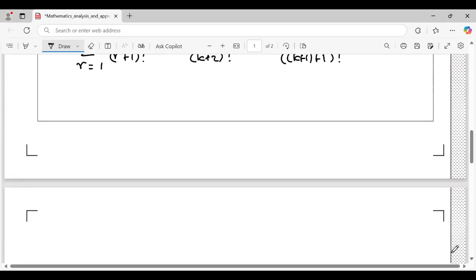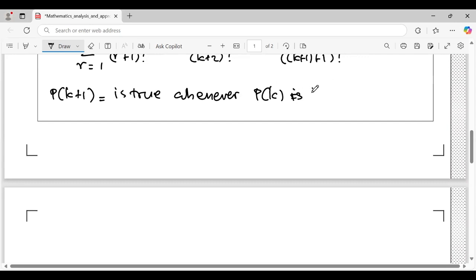If we compare with the previous solution, we can state, and I would like to write here the statement: P(k plus 1) is true whenever P(k) is true and P(1) is true.